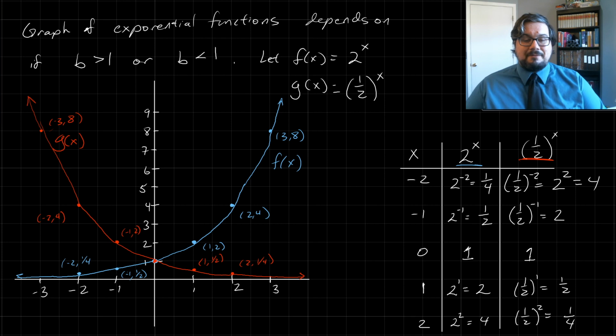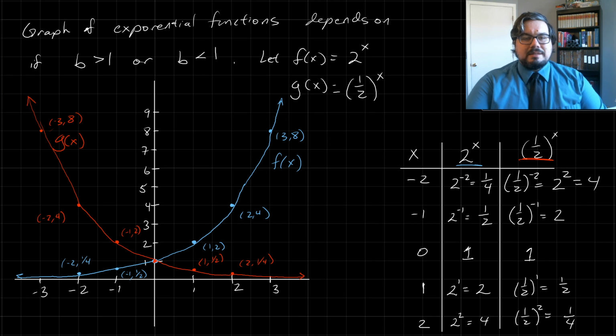For the function f here, the horizontal asymptote determines the end behavior to the left, and the horizontal asymptote for g determines the end behavior on the right.